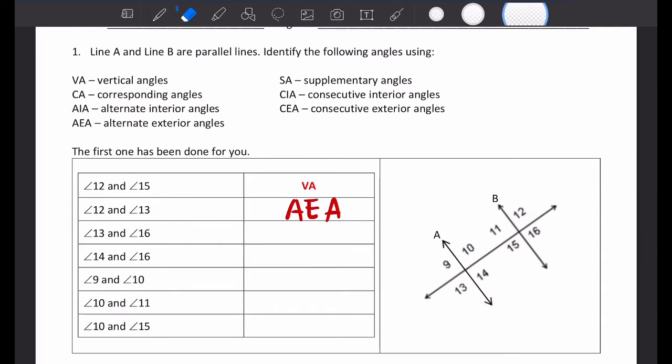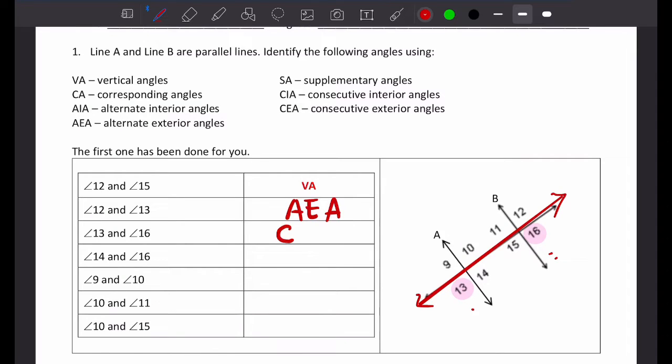So let's do the next one. Next one is angle 13 and 16. Again, let's look at the transversal. This is your transversal line. Now, both angles are on the same side of the transversal line. Therefore, they are called consecutive because they are on the same side of the transversal.